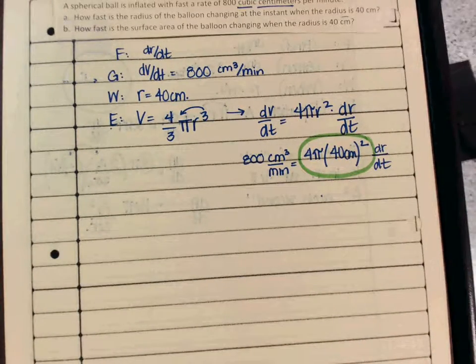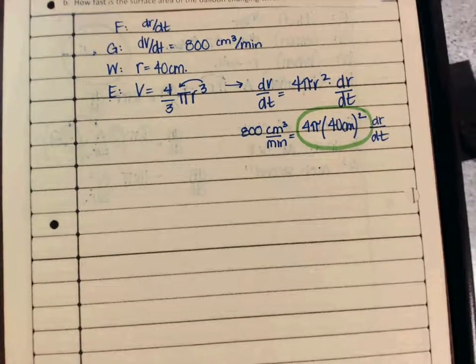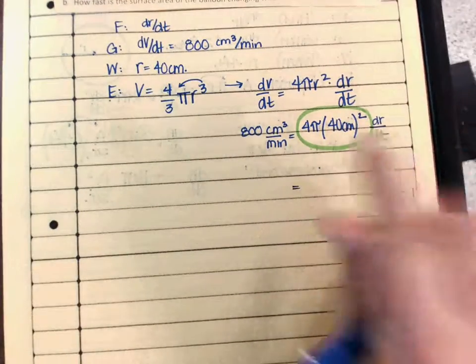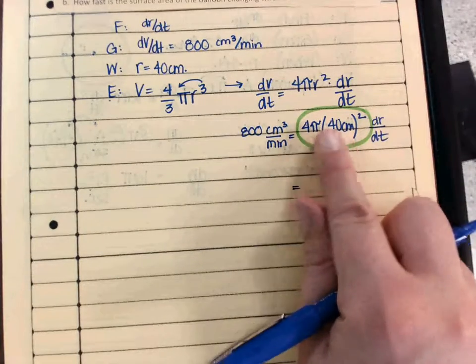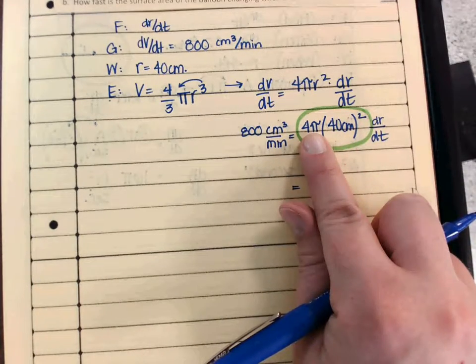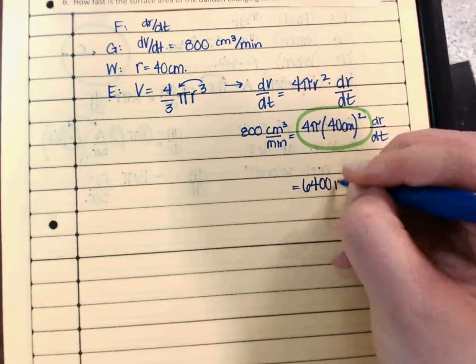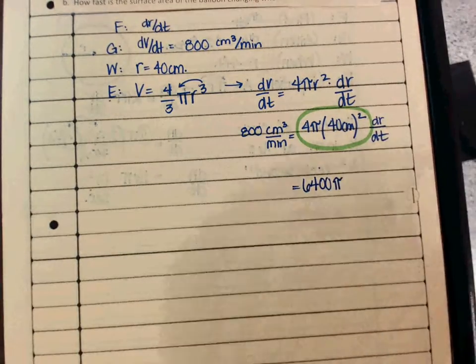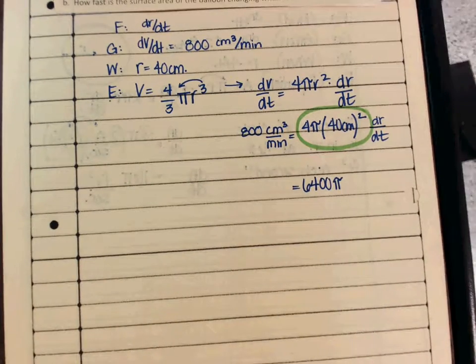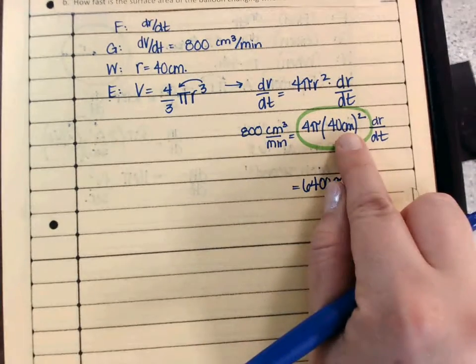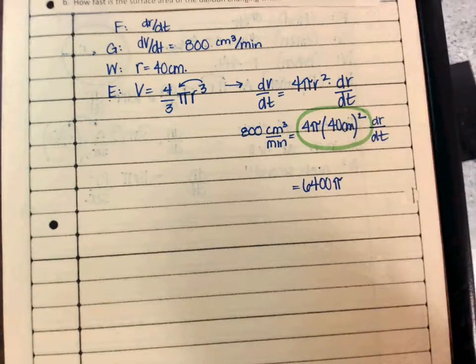Yeah? So what is 40 if we square it? 1600, right? And then I'm going to times it by 4. So that'd be 6400 pi. Now let's talk about units for a second. It was centimeters, but then I squared them.